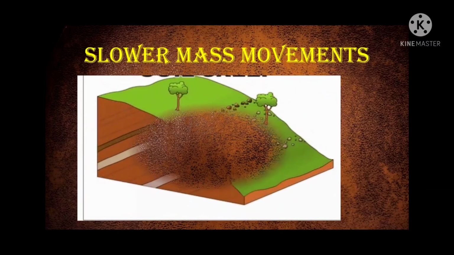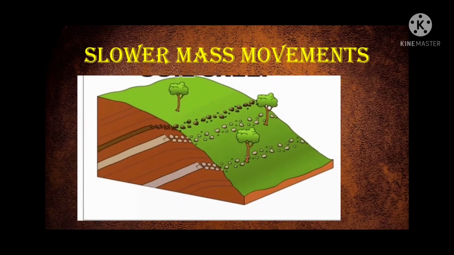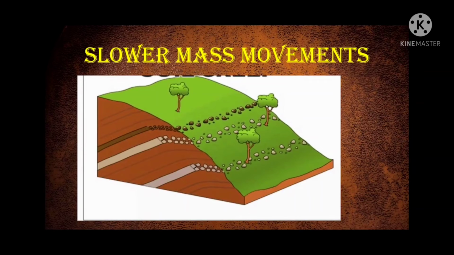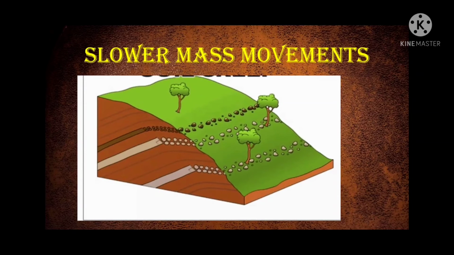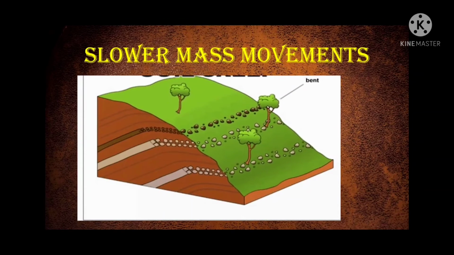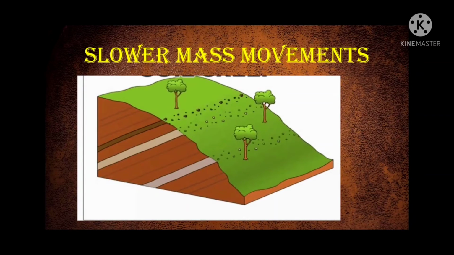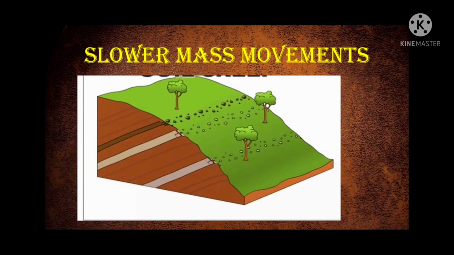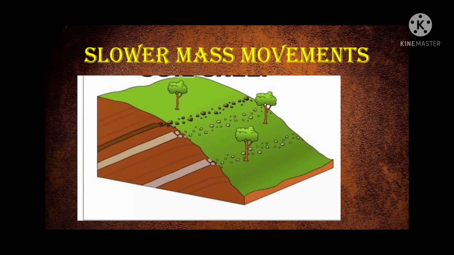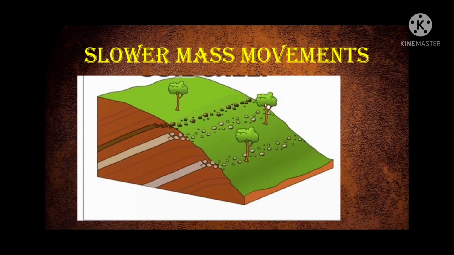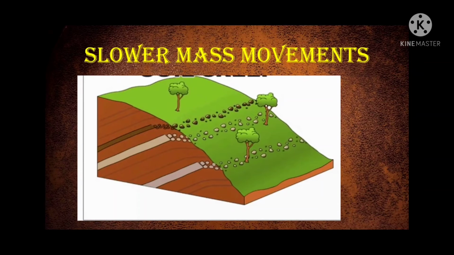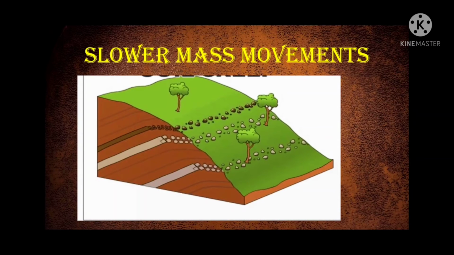Let us learn about slower mass movement. Slower mass movement occurs on gentle slopes in an area with a dry climate, and the mass movement occurs slowly. Soil creep is a common phenomenon in some areas.